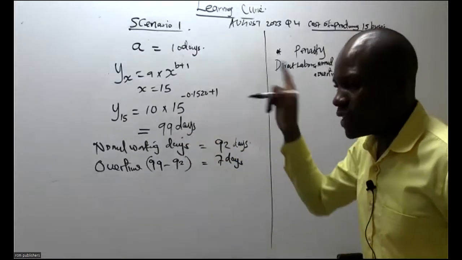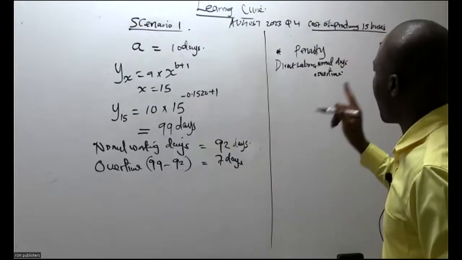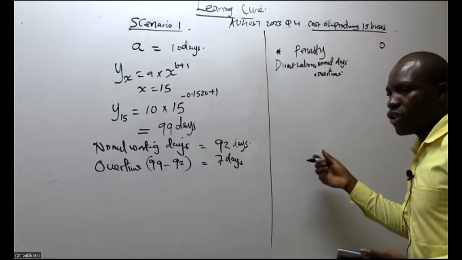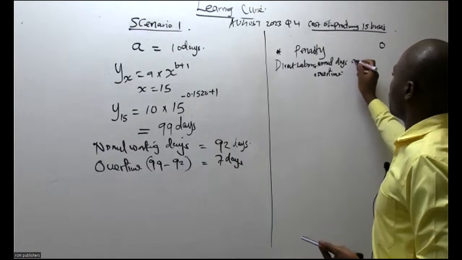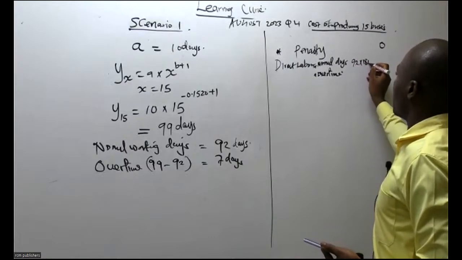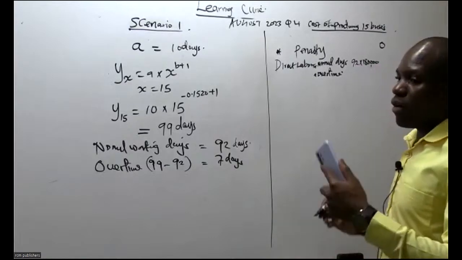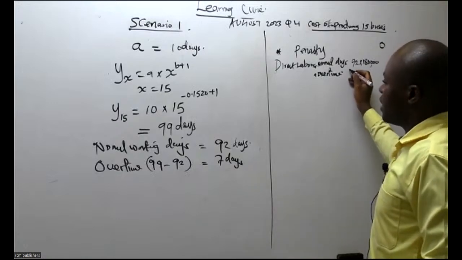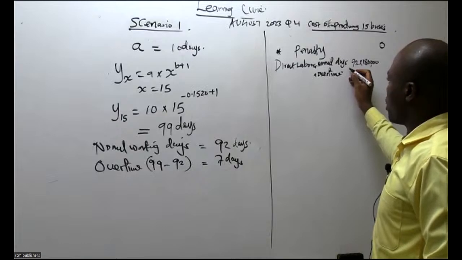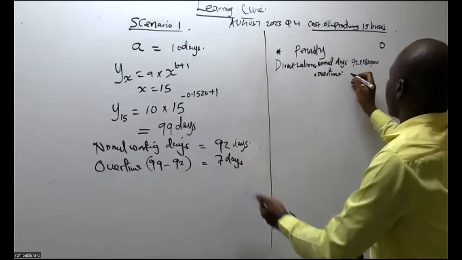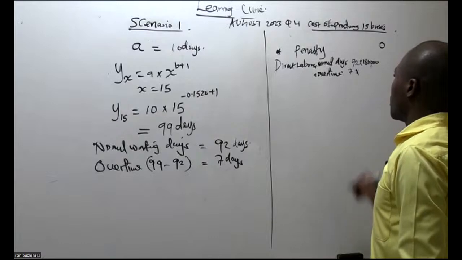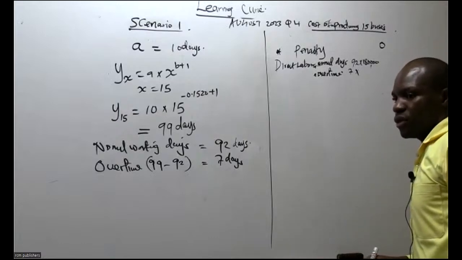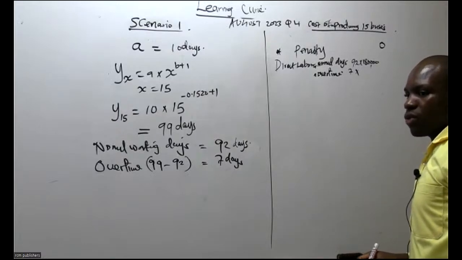It means the first 92 days, they're going to be paid at the normal rate, which is 92 by 180,000. The overtime worked by these employees will be paid at double the normal rate, and the overtime days is 7. So what will the overtime rate be?